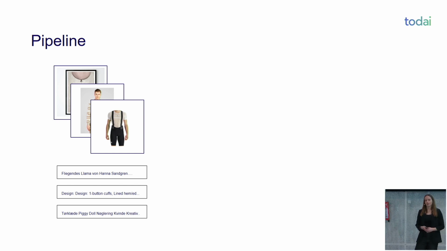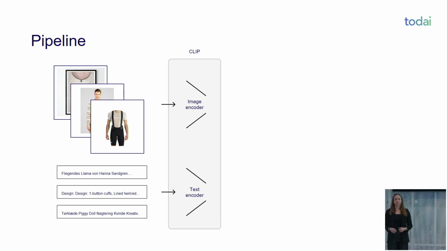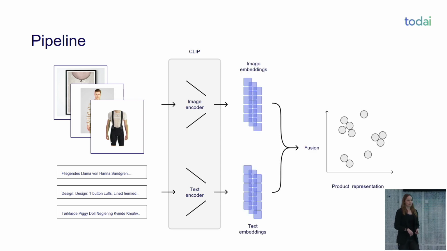We fed the product images with product titles and descriptions into the multimodal text image model CLIP that then yielded image and text embeddings aligned in the same space. We tested out different fusion methods to fuse the two spaces together, and we went with the best performing one. That yielded a product representation where products close to each other are more likely to be the same, essentially.